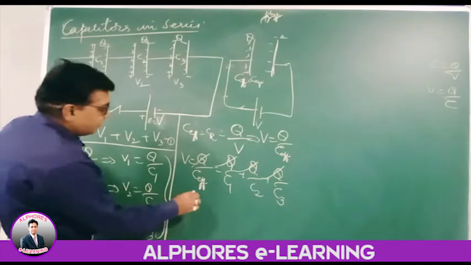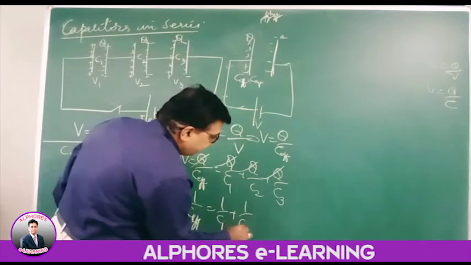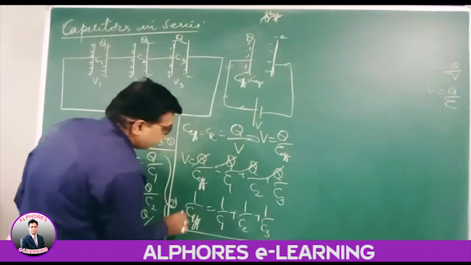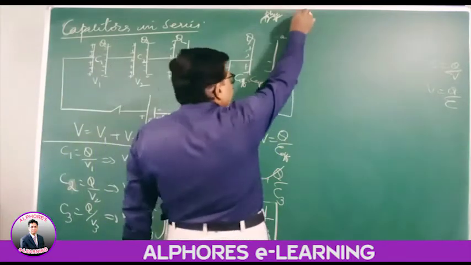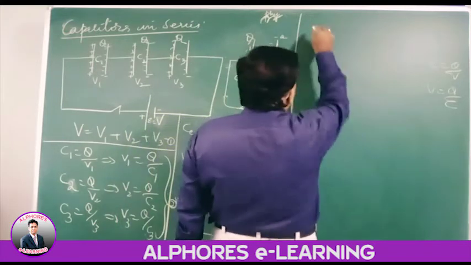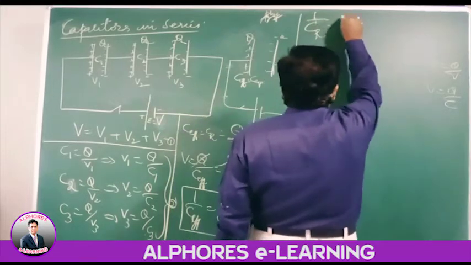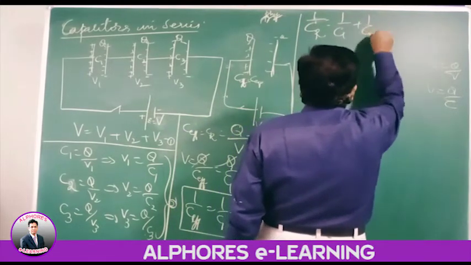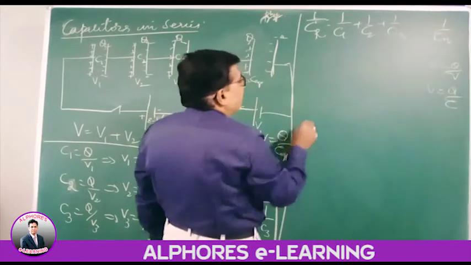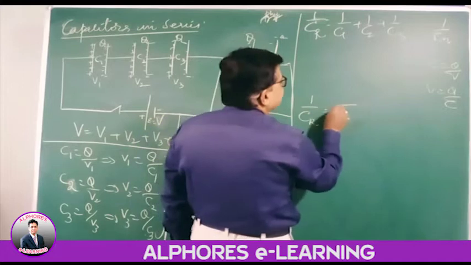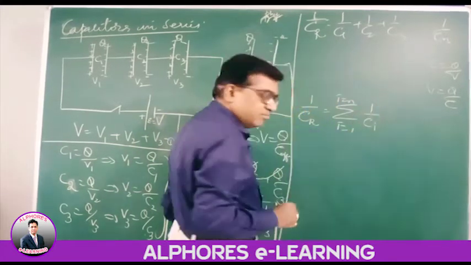Therefore 1 by C effective or C resultant is 1 by C1 plus 1 by C2 plus 1 by C3. So this is the reciprocal of the resultant capacity. If the capacitors are connected in series, the reciprocal of the effective resultant capacitance is 1 by C1 plus 1 by C2 plus 1 by C3 and so on, or 1 by Cr is the sum from i equals 1 to n of 1 by Ci.